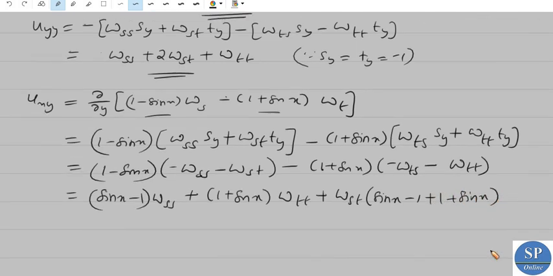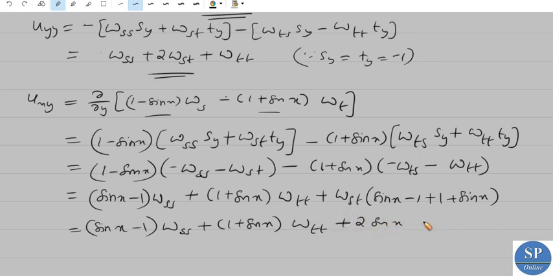So this is nothing but 2 sin x into wst. So this is equal to sin x minus 1 into wss plus 1 plus sin x into wtt plus 2 sin x into wst. So we have this uxy.